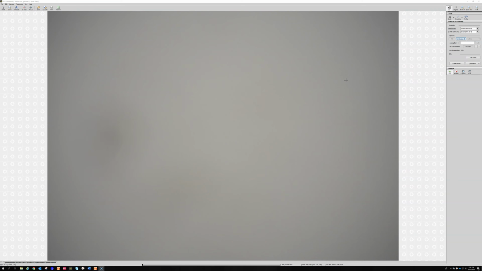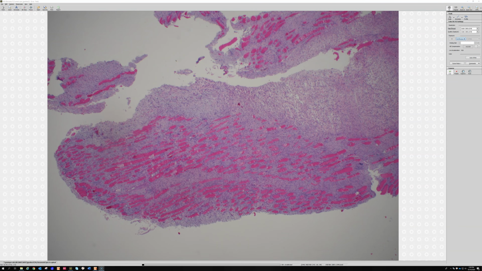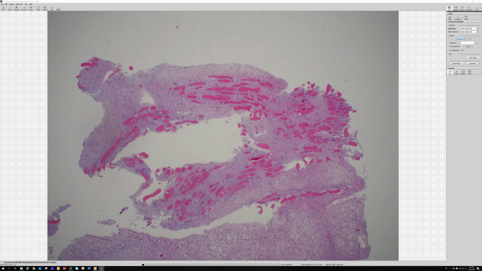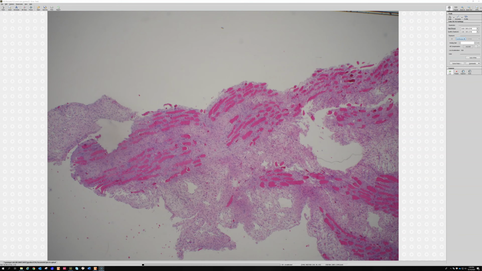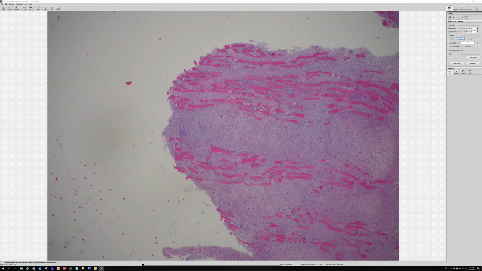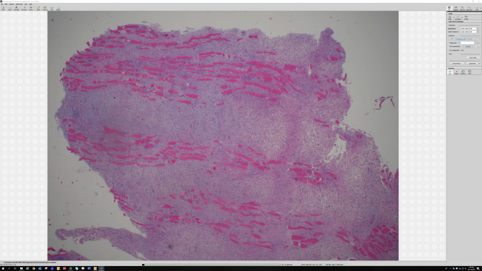All right. Now, case 7, we've got a 60-year-old male with a rapidly growing 3-centimeter shoulder lesion. All these red bundles here are skeletal muscle. And then in between the skeletal muscle is something else, right? Spindle cells.